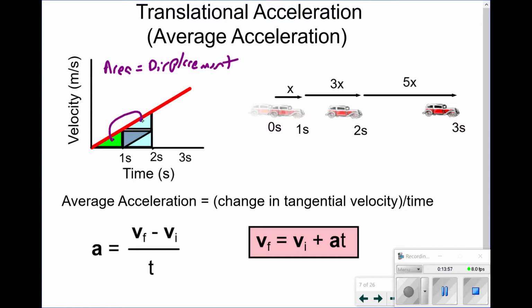And then I have a rectangle that has the same height as my first triangle. But a rectangle is really just 2 triangles. So I really have 3 triangles of identical size. Now, if my first triangle here was a distance of x, then the total distance or area of this trapezoid would be 3x.